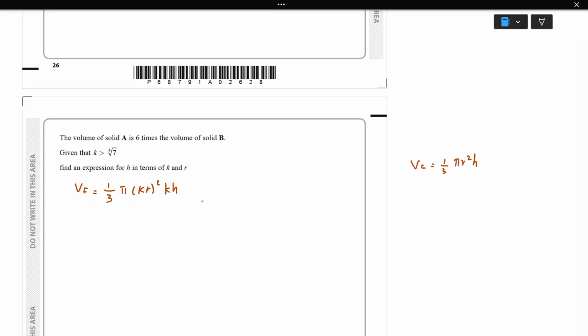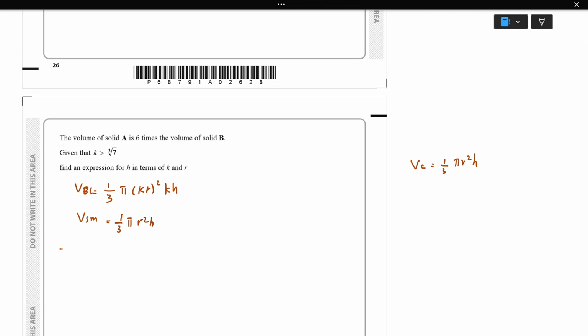This is the volume of the entire cone. Now the volume of the cut small cone is 1 by 3 pi r square h, because the radius is r and the height is h. Sorry, the earlier one is the volume of the big cone, not the frustum.